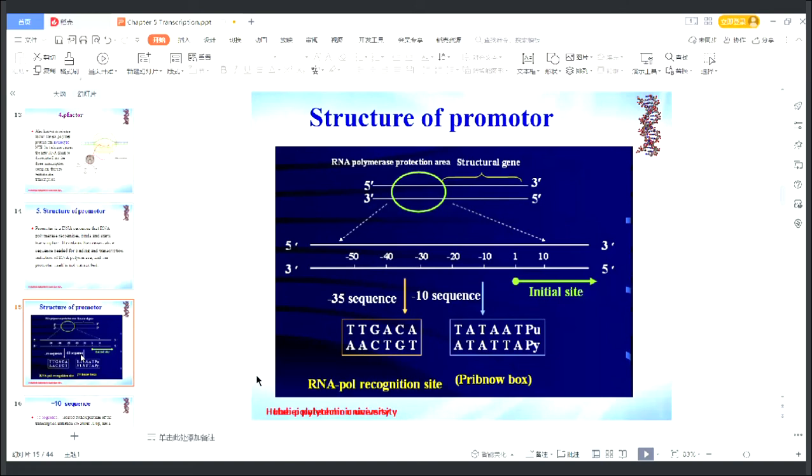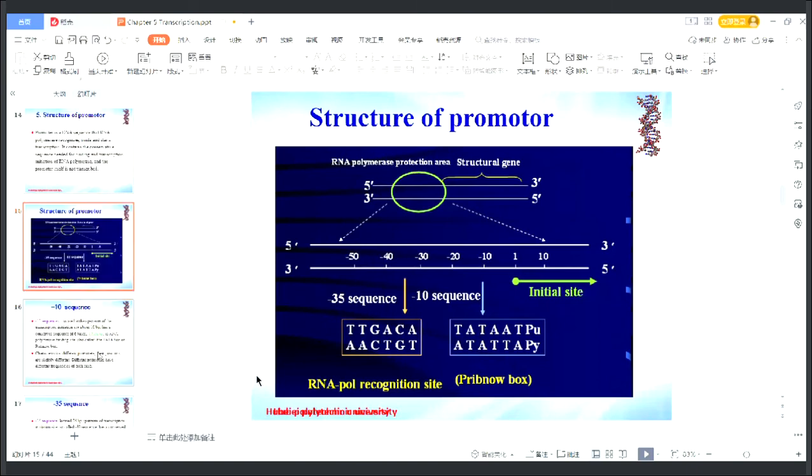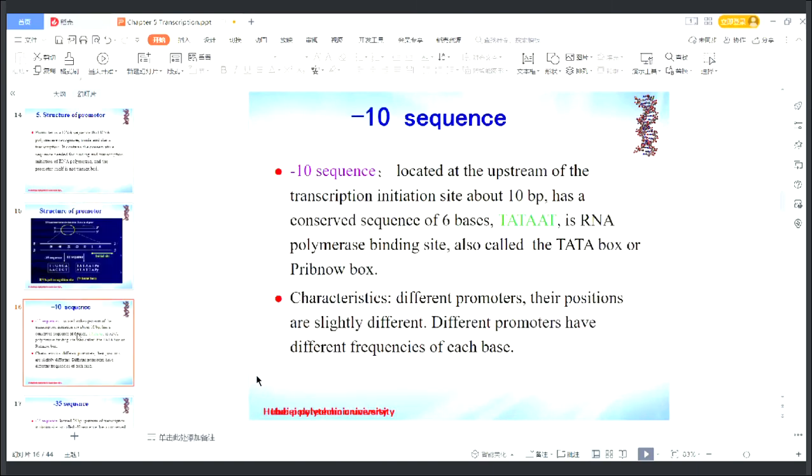This figure we already studied in the first chapter. In prokaryotic organisms it is given 3 names. The first is the negative 10 sequence. Because this sequence, you can see TATAAT, is the conservative sequence, we also give it the name TATA box.